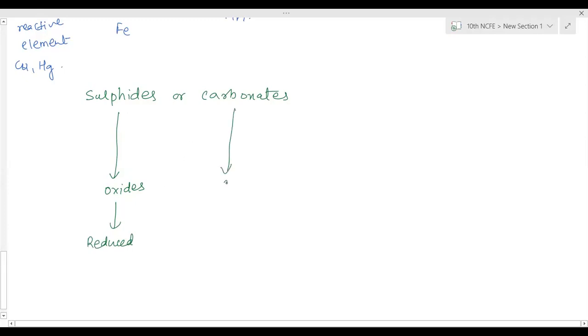Even carbonates are converted into oxides, and then that oxide is reduced to get a pure metal. Now the sulfide to oxide conversion is done by the process called roasting, and carbonates to oxide conversion is called calcination.